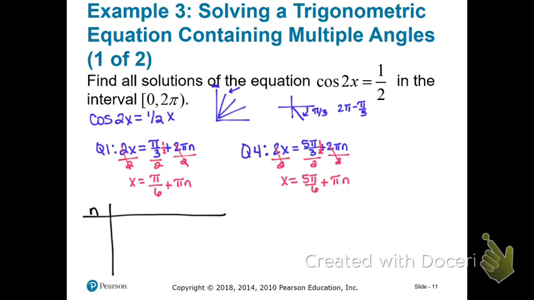The second thing is going to be that first equation I found, so x equals pi over 6 plus pi n. And then the second equation, so x equals 5 pi over 6 plus pi n.